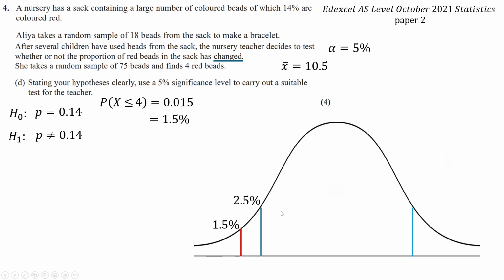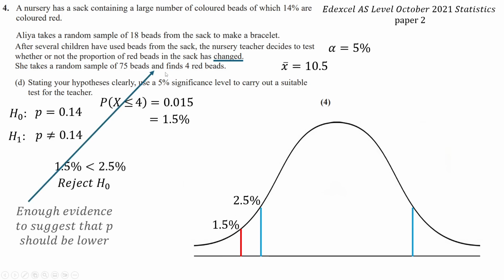Now, if you look in relation to this full curve here, this probability of being a coincidence is extremely low. It's such a low probability. And because it's also less than the significance level, we can reject H naught.